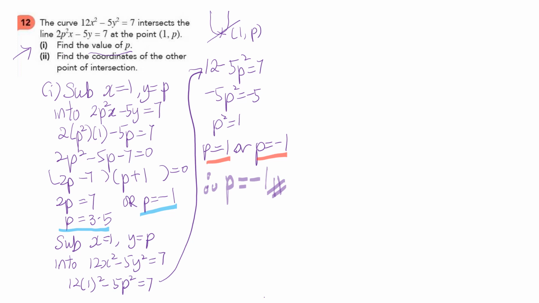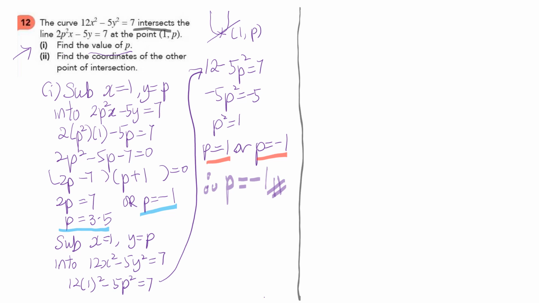Okay, so now let's look at part 2. For part 2, you're supposed to find the coordinates of the other point of intersection. What's happening is that the question says the curve intersects the line, and at first it seems it has 1 point only, but intersects can also mean not just 1 point but 2 points.